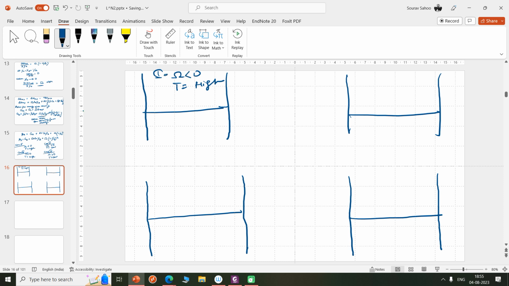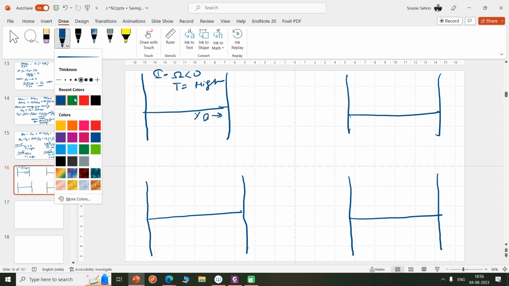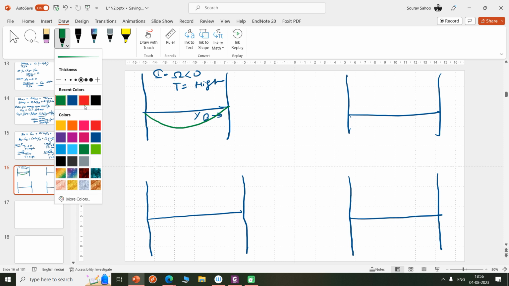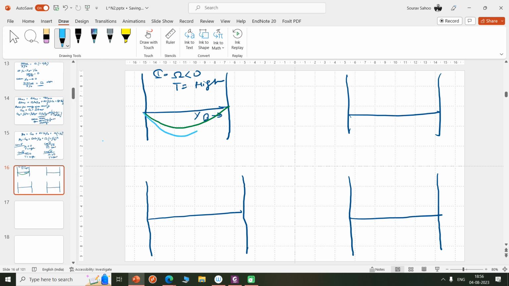We see that as carbon increases, delta H mix is like this. Delta T delta S mix, something like this.